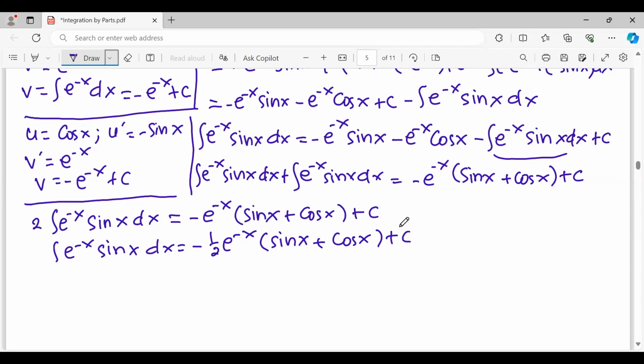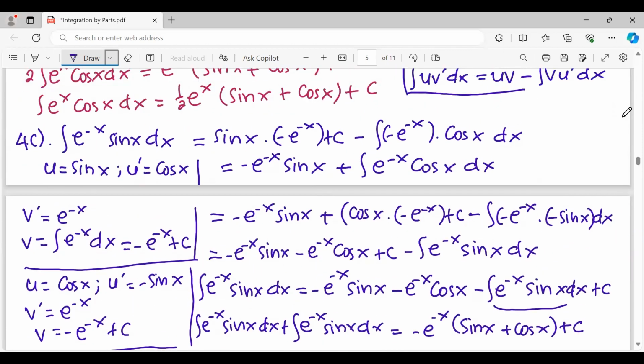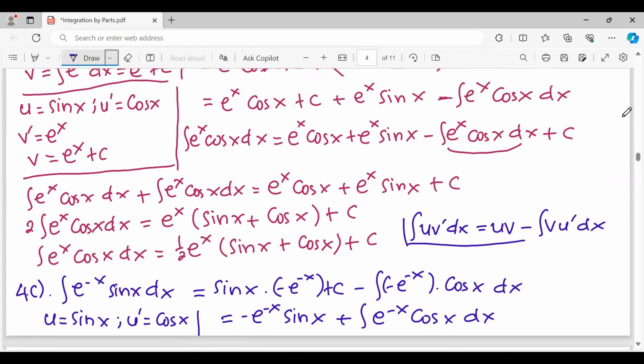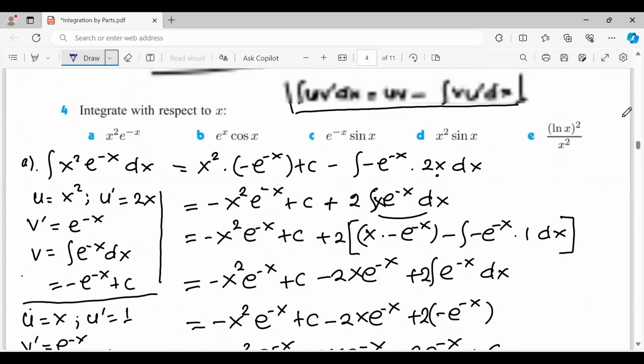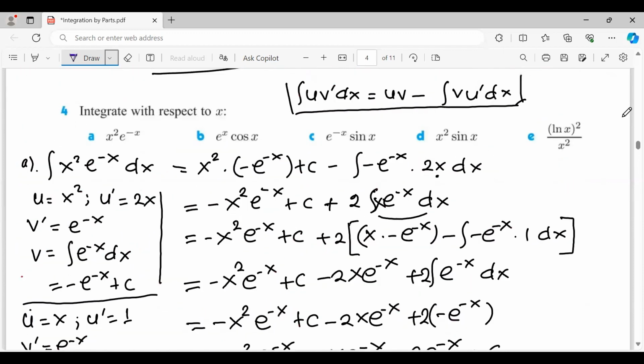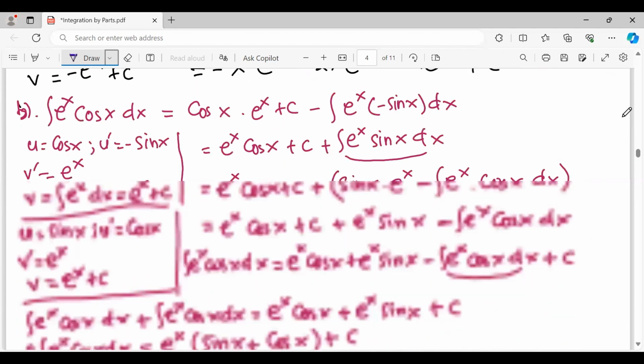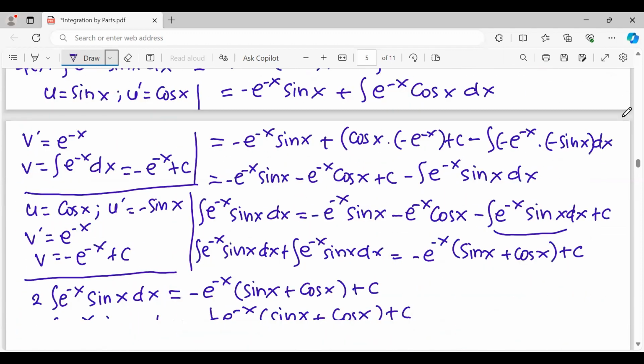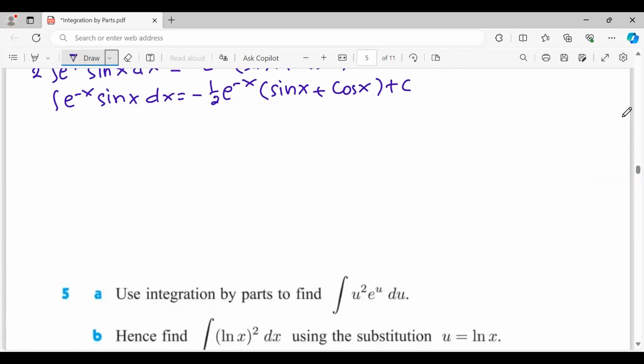Okay, we see already. Now D. The question is the integral of x squared sine x.